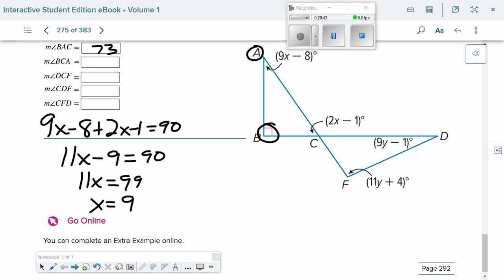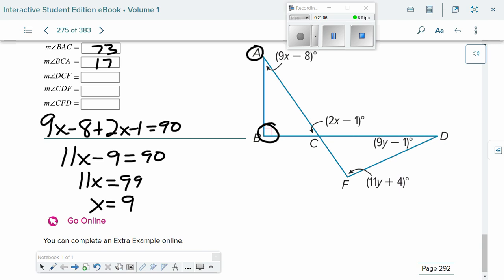If I put it into the 2x minus 1, I'm going to get 18 minus 1, gives me 17, and that's angle ACB or BCA. All right, now in the other triangle, DCF, they're not telling me that anything's 90 degrees, so I can't assume that.